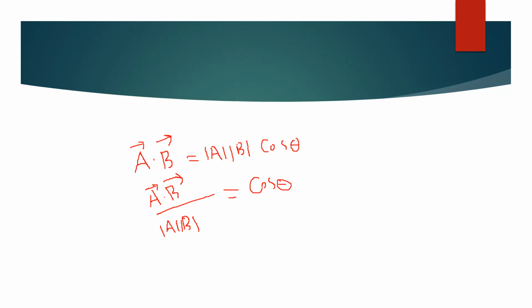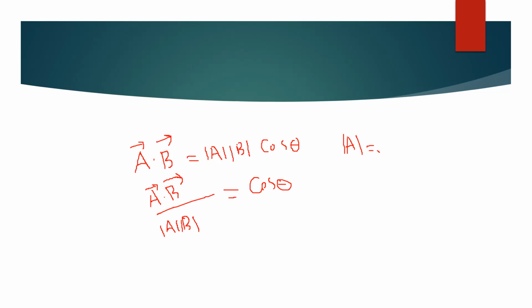So to find that out, we'll go like this. Let us go and see this. And to write out magnitude of A, magnitude of B, so magnitude of A can be written as root of, how do we write down magnitude of A? Root of Ax square plus Ay square plus Az square.